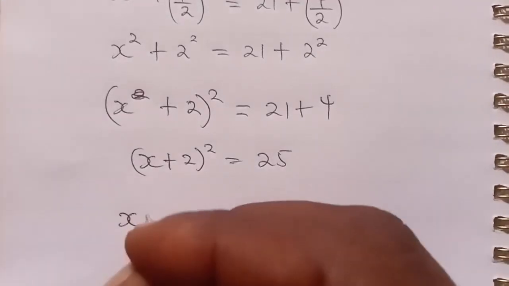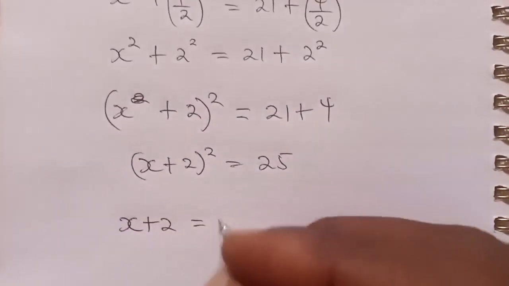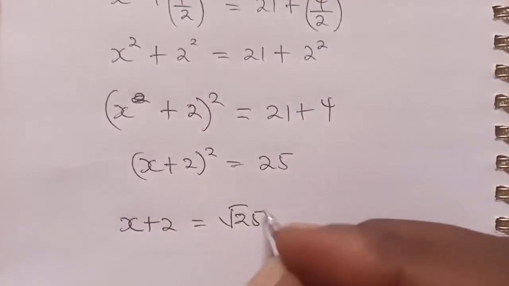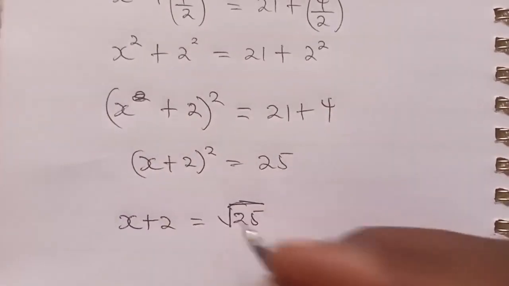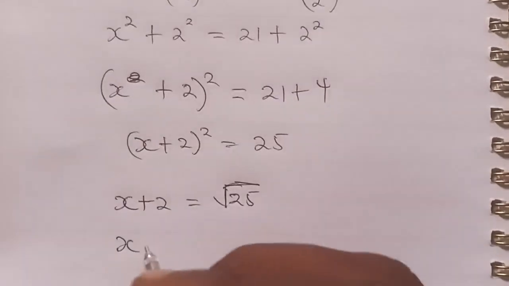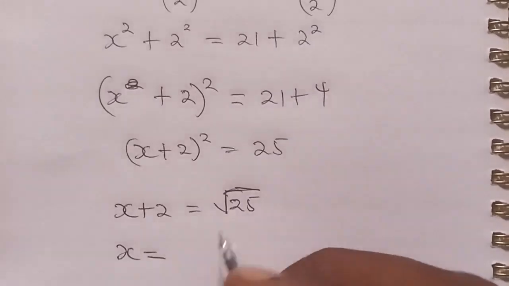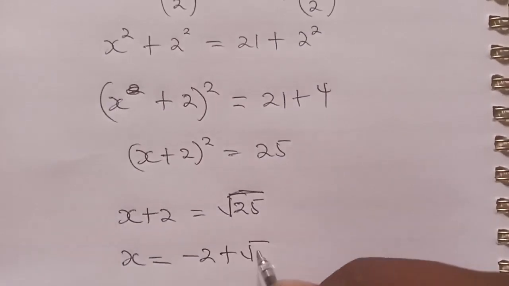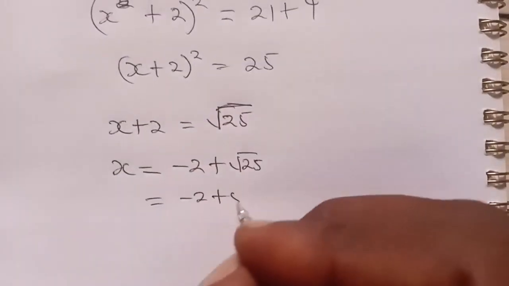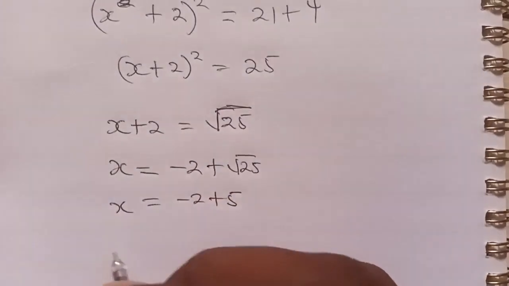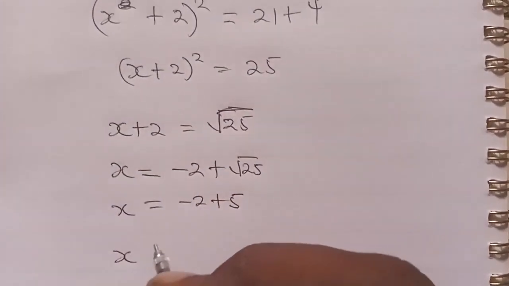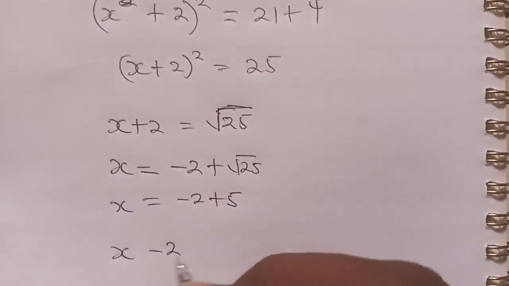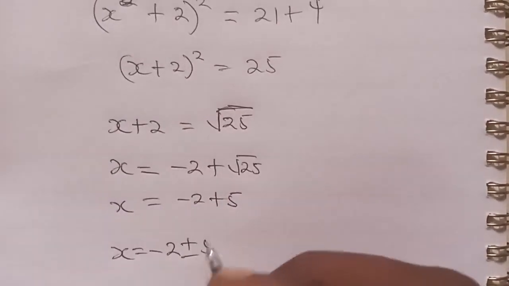Then x plus 2 will be root 25. That's square rooting both sides. What it means is that x alone will now be equal to, this coming over becomes minus 2, plus or minus root 25, and root 25 is 5. So we say x is minus 2 plus or minus 5.